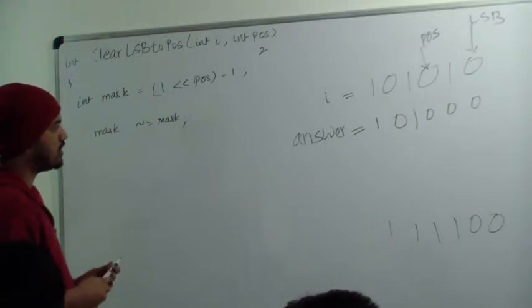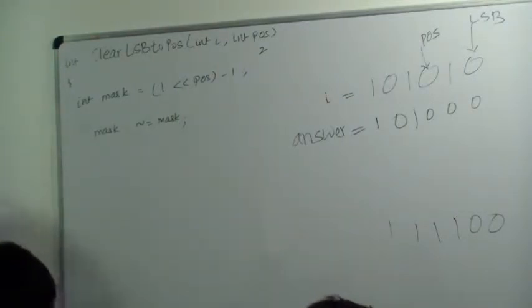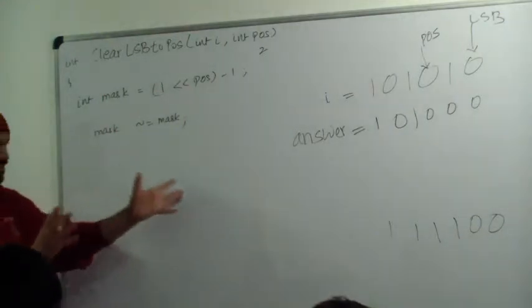Okay. Is there anything else you can think of? It will work. Position plus 1 will work. This is just the basics. I want to show you another trick. Think.